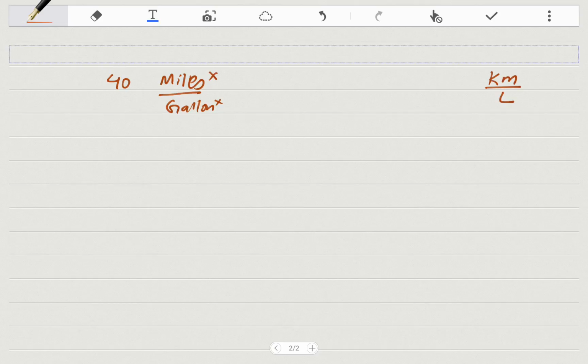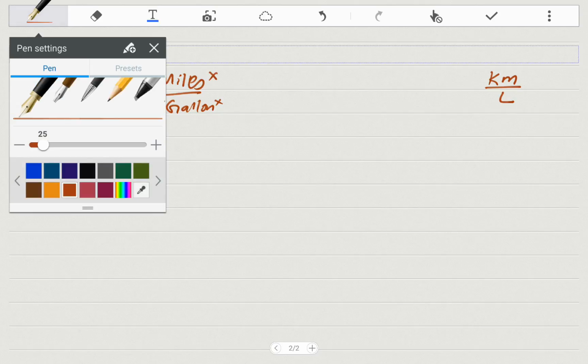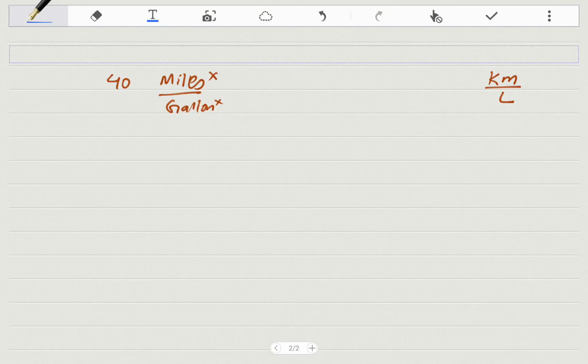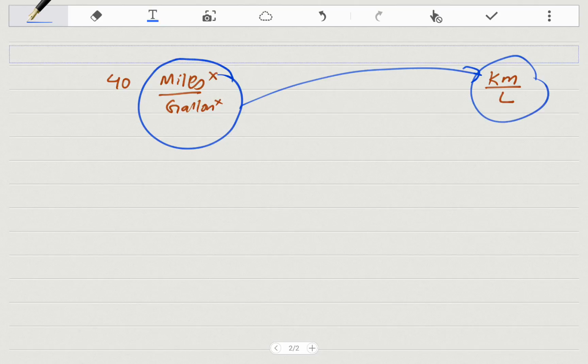How do you go from miles per gallon to kilometer per liter? Well, the first thing you want to find out is the conversion factor. What is the conversion factor going from miles per gallon to kilometer per liter? All right, let's get started with miles per gallon, and you want to reach kilometer per liter.